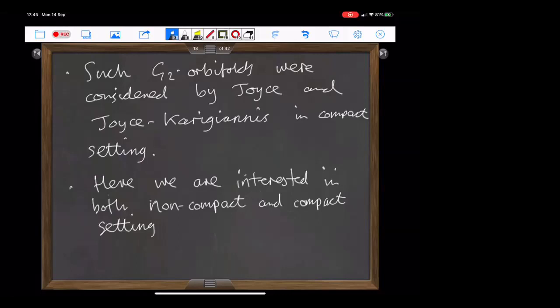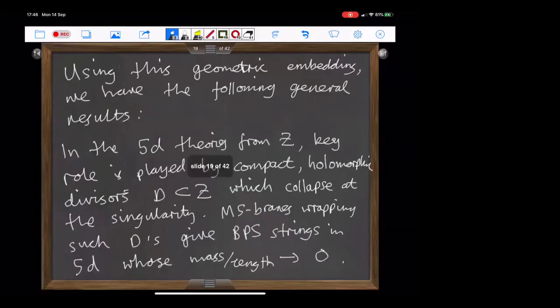Here, since our Calabi-Yau that provides us with the background for this 5-dimensional superconformal field theory is non-compact, we're interested in the non-compact setting, but I'll say a few words about the compact setting towards the end.